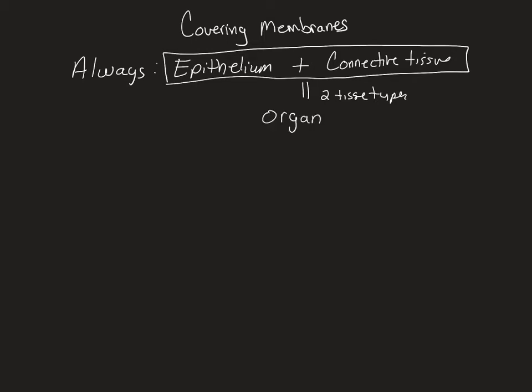Okay, so remember that from the first week and from your general biology class. So we find covering membranes forming as linings. So you can think of them as lining membranes. And they can be within the body, within a cavity, or in the lumen of a tubular organ, or they could be coating the outside of your body as your skin.